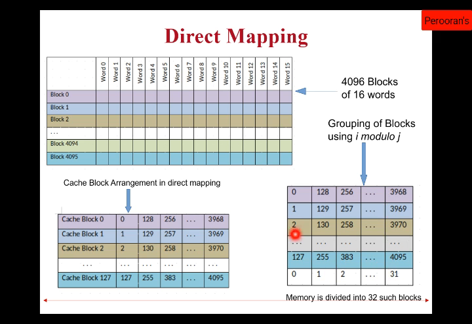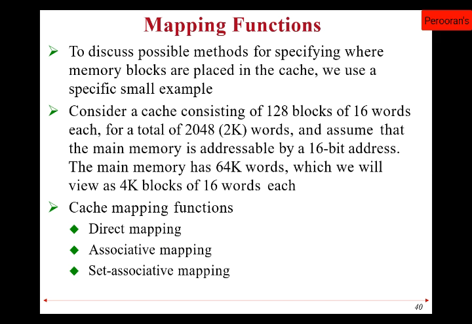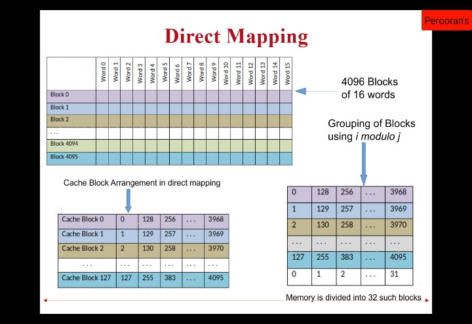In the previous slide I told you we have such 4K blocks of 16 words; in the cache memory we have 128 blocks of 16 words. Now you can see here we have arranged 128 blocks.